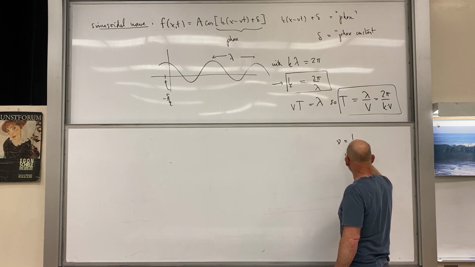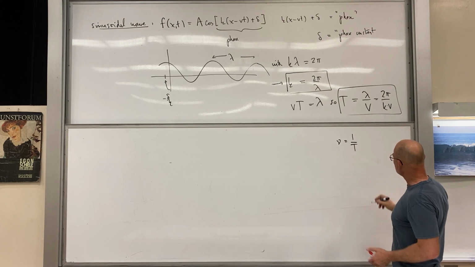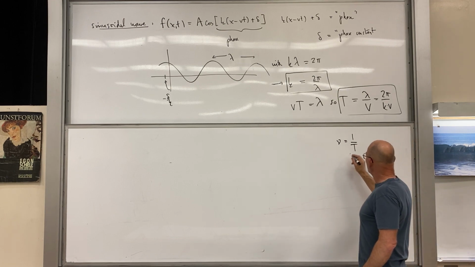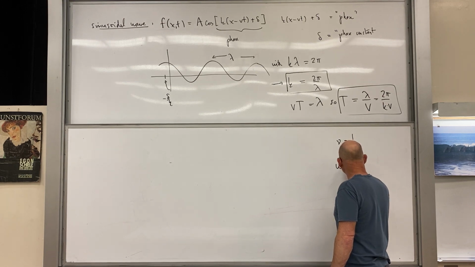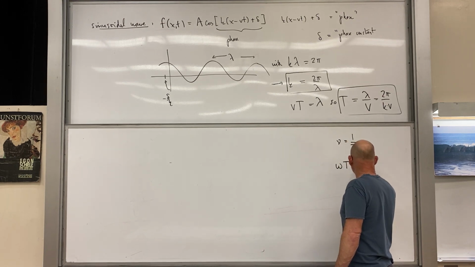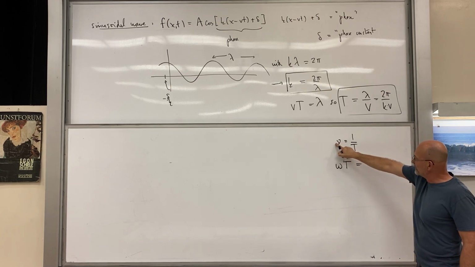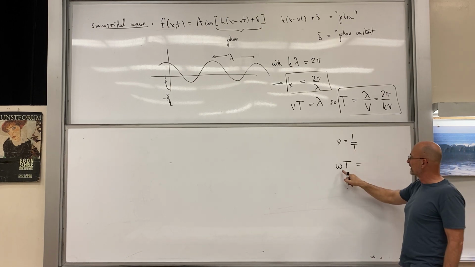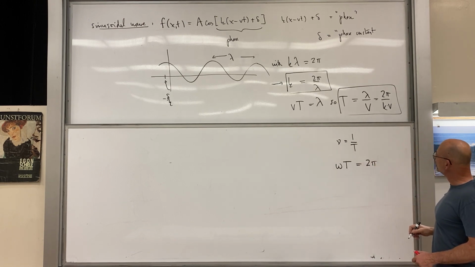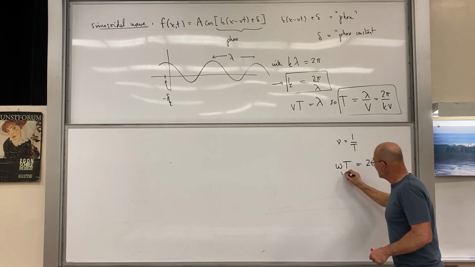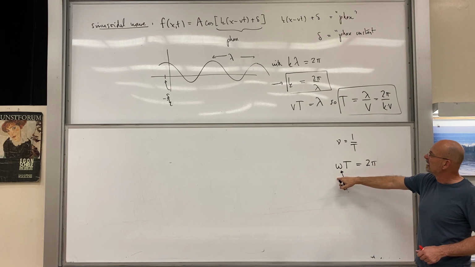Frequency is 1 over period. And then if we do that, we can define omega, the angular frequency, as opposed to the counting frequency, as being equal to 2 pi times the frequency. And this is the frequency that we use most commonly in our waves.